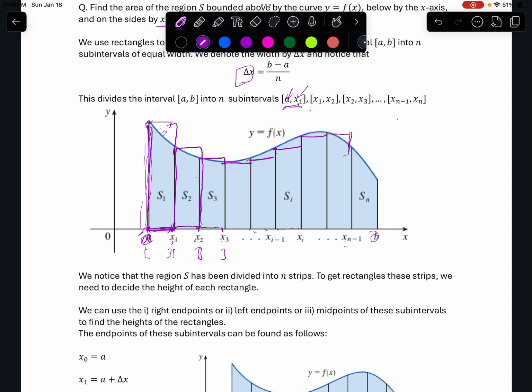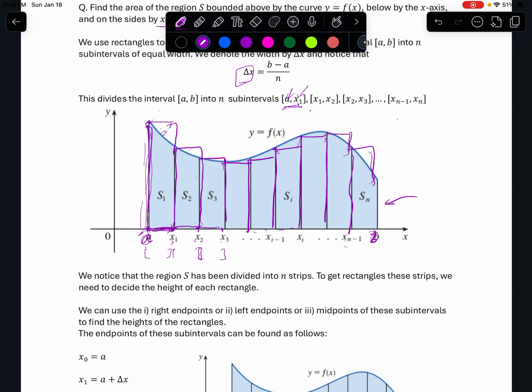And once I get here, I use these lines. Can you see there? These heights have been used. If you notice, I didn't put a purple line on this last one because that was not used. Why was it not used? Because this number over here, b, is not a left end point of any strip.